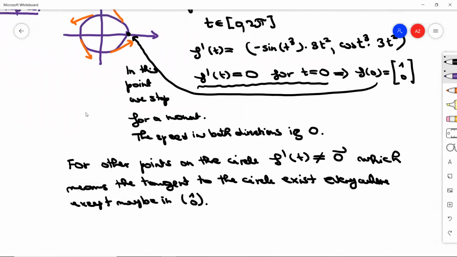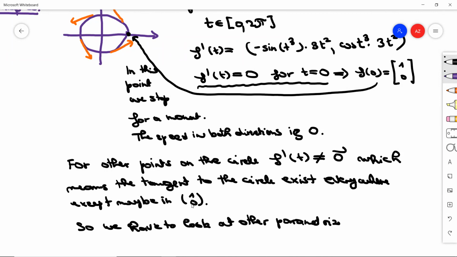But then, of course, there are parameterizations of the circle where also this point 1, 0 is nice. So we have to look at other parameterizations to determine the nature of this point.